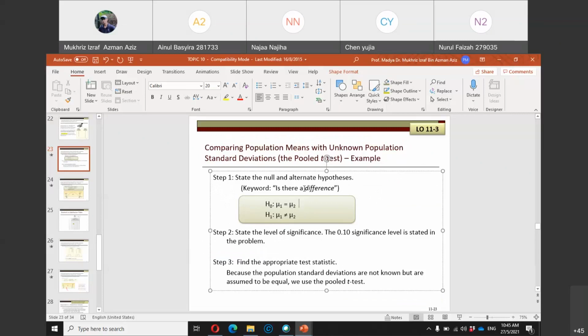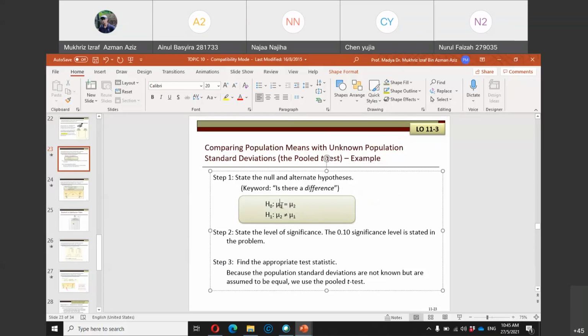But if you are testing a difference, it doesn't matter. Let's say student number 1 puts mu1 not equal to mu2, and student number 2 puts mu2 not equal to mu1.